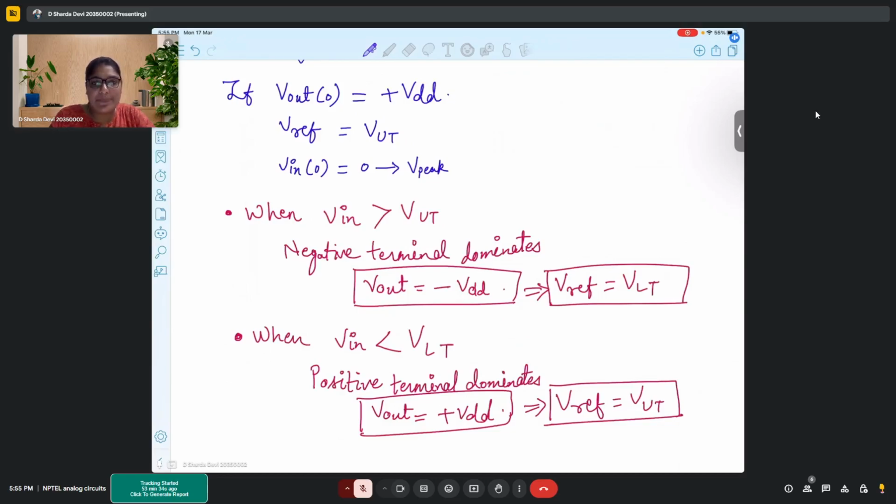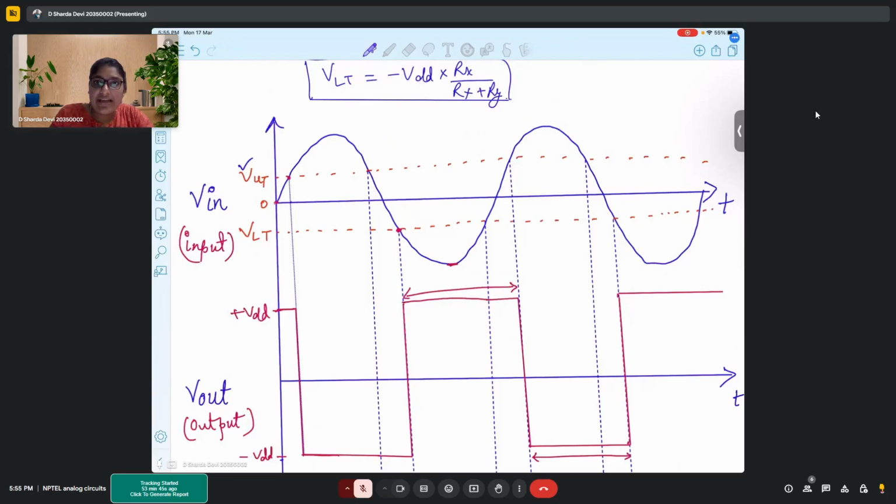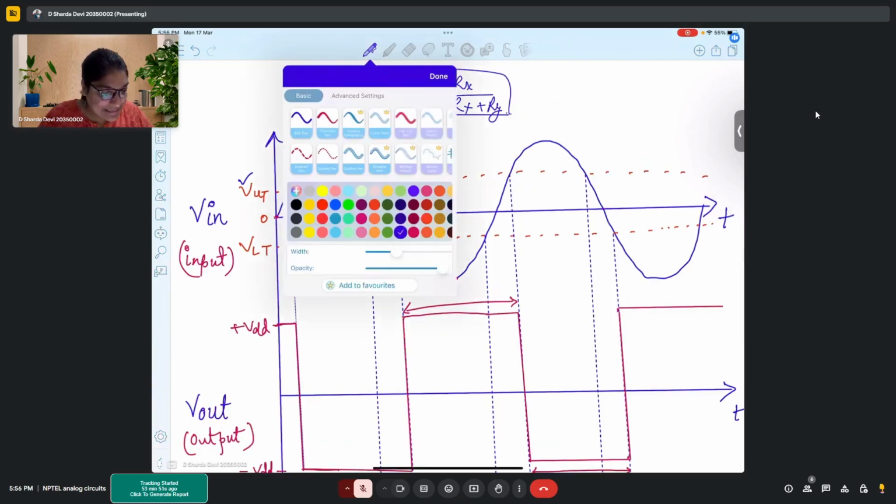Either it will go to plus VDD or minus VDD. So your initial conditions will always be either plus or minus VDD. You can start the analysis from minus VDD also and then move ahead. So the graph will be slightly different. If you want me to analyze, I can analyze that for you.